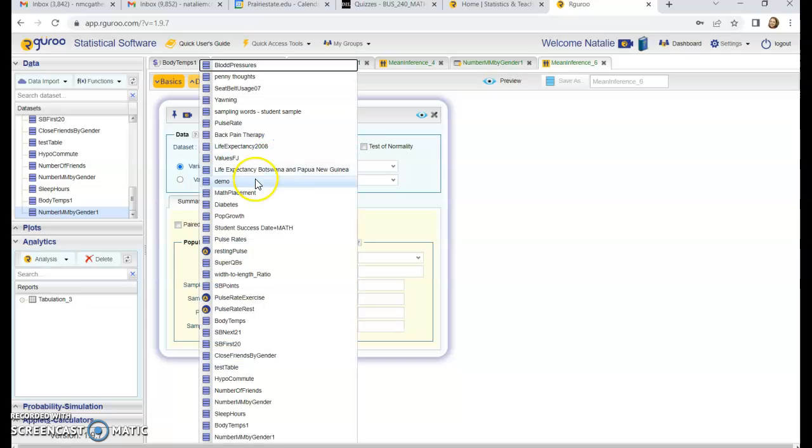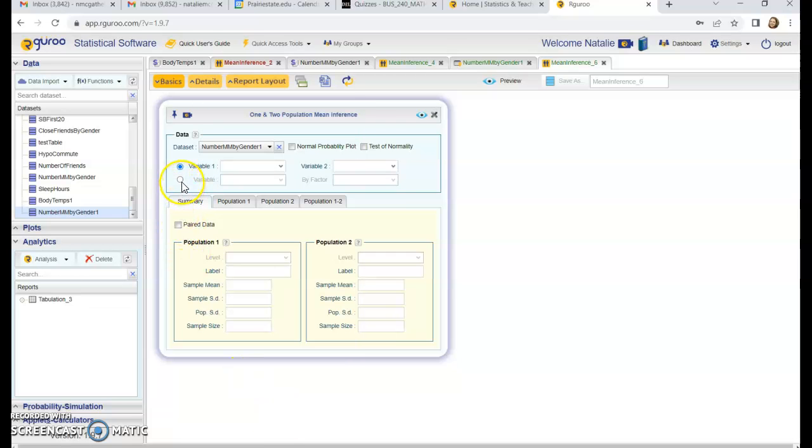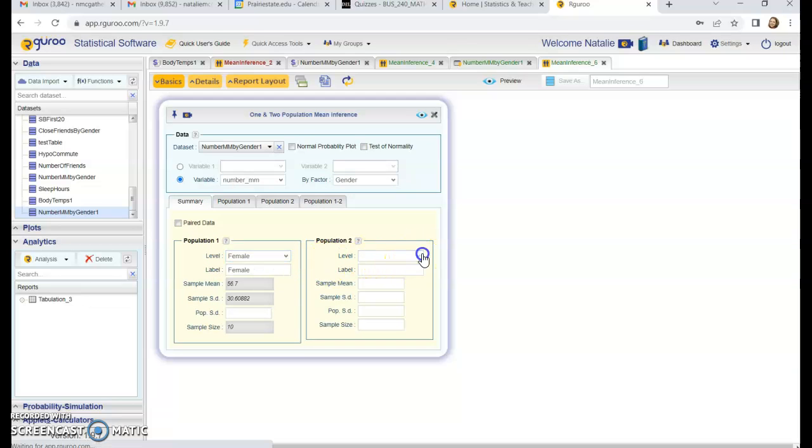After I select my data, I'm going to click on the second option, and I'll take the variable to be number of M&Ms by factor gender. And then down here in the summary, I'll take the two levels to be female and male.